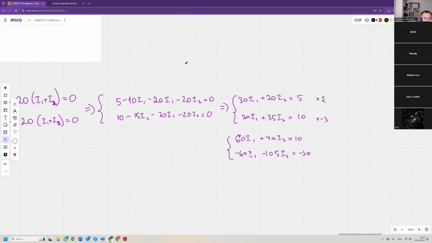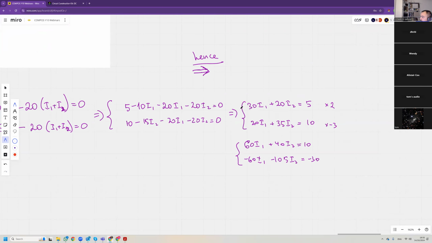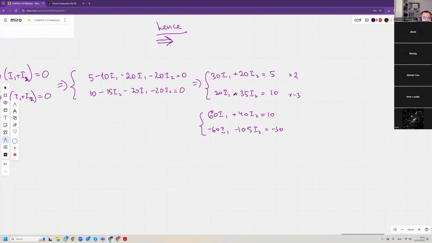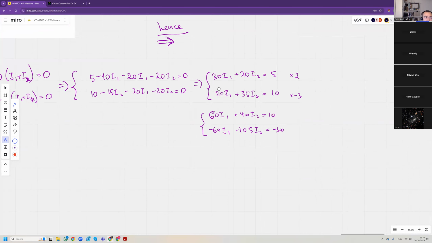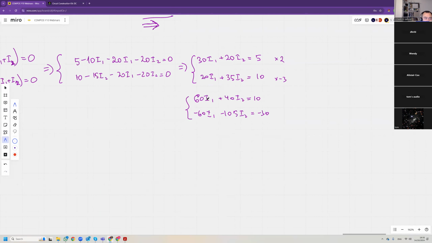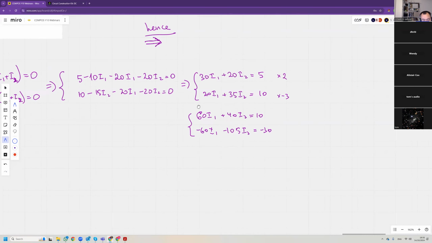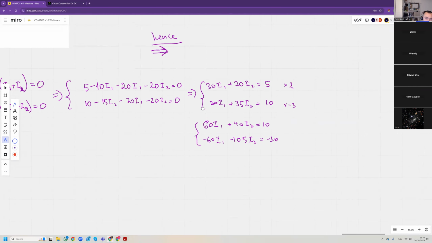That's an arrow, which means hence, or it follows that.